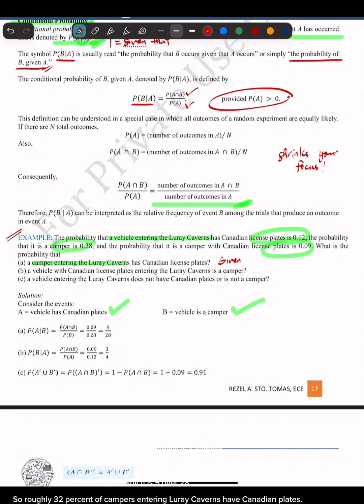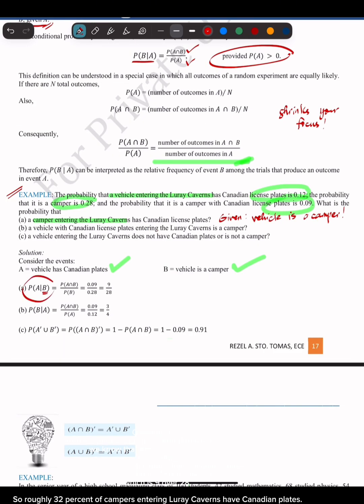Question A. From the phrase "a camper entering Luray Caverns," we know that the vehicle is a camper. Given that, what is the probability that it has Canadian plates? P of A given B equals 0.09 divided by 0.28, which is 9 over 28. So roughly 32% of campers entering Luray Caverns have Canadian plates.